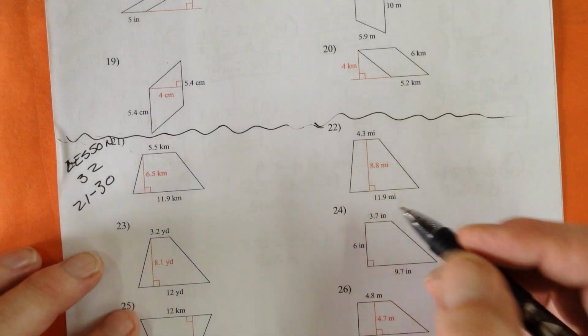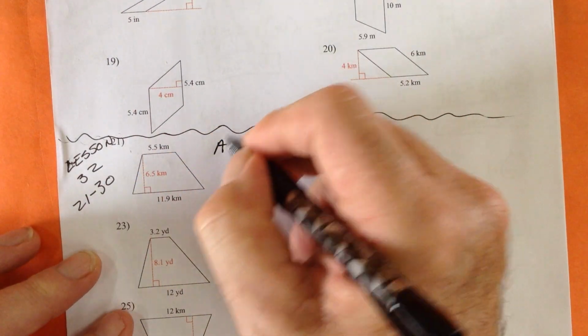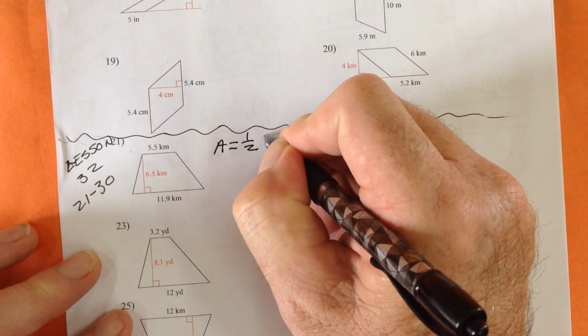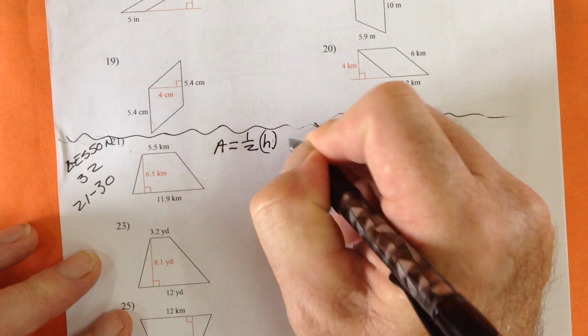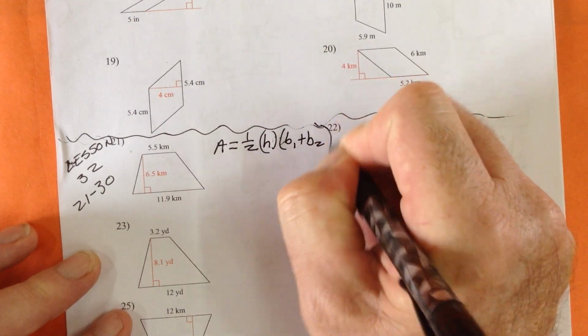So I'll write it here: the area equals 1/2 times the height times base 1 plus base 2.